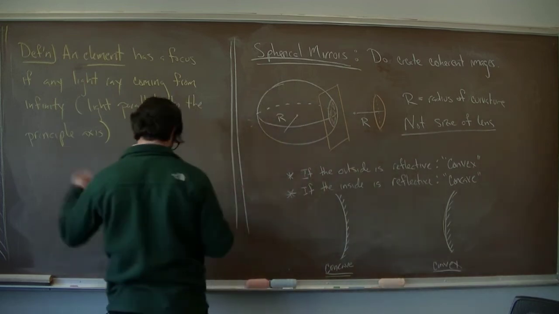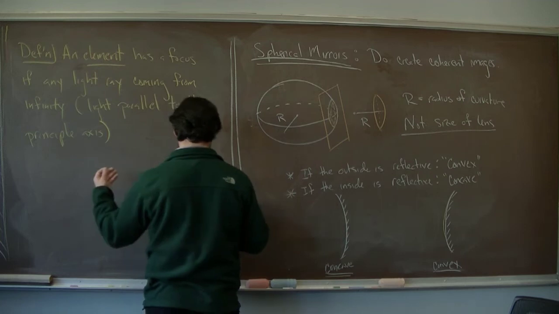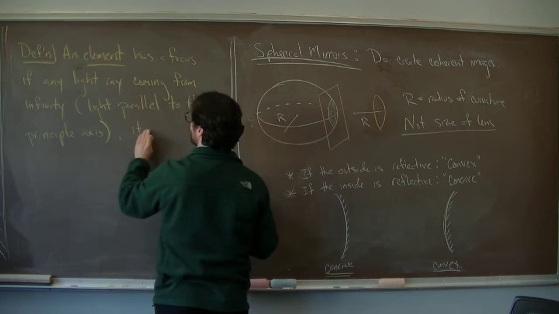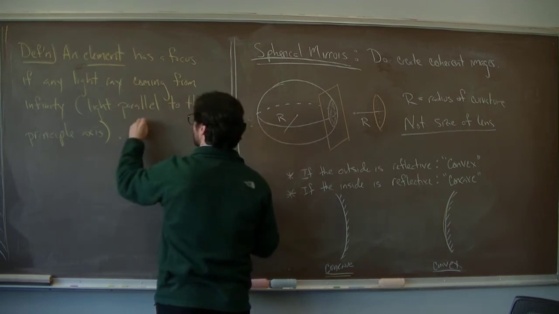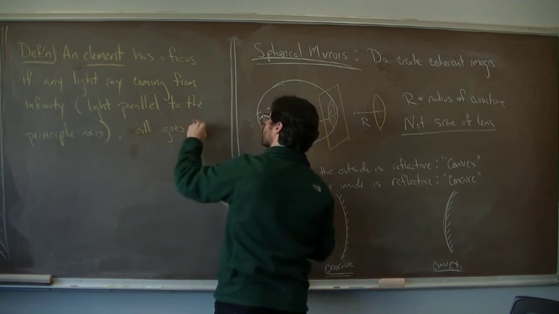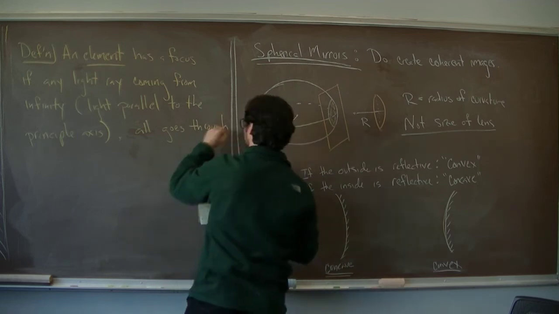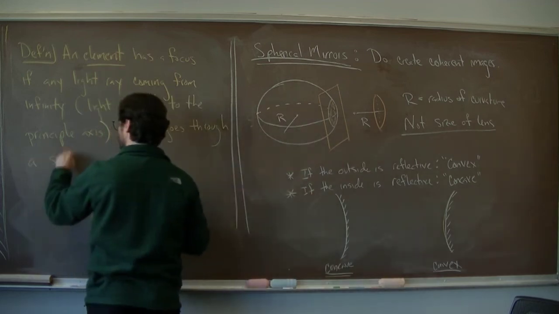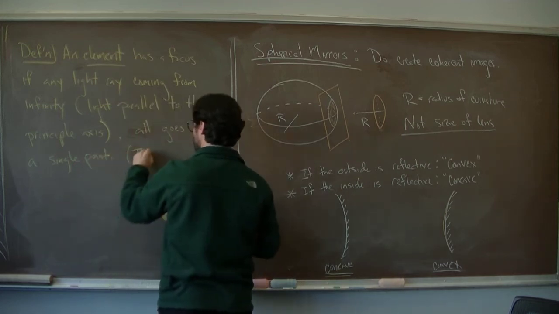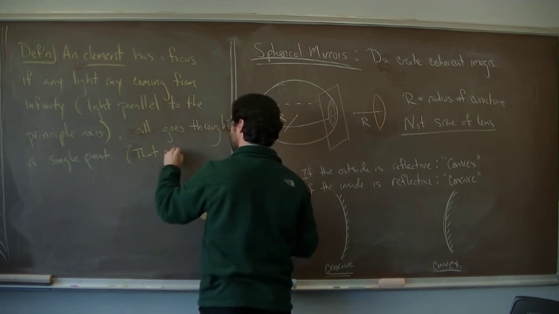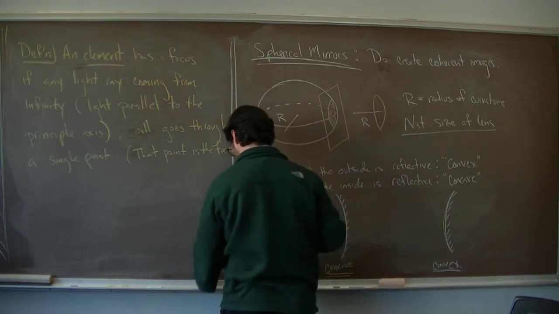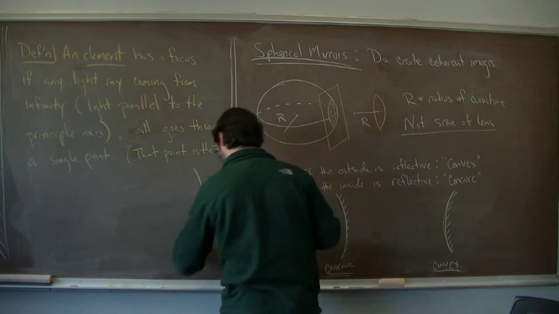So I've got some light coming in parallel to the principal axis or from infinity, and if it all goes through a single point, so that point is the focus. So let's draw it and see what happens.